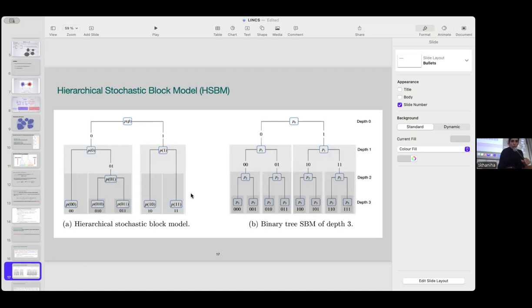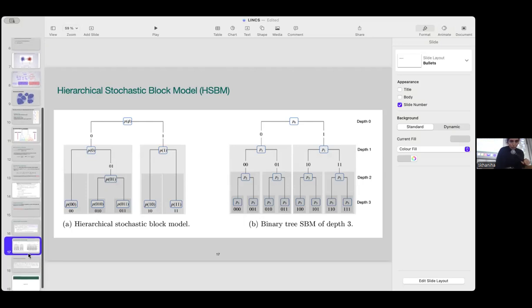We have some graph, some tree like this. The one on the right is the simplest case, a binary tree, where everything is very symmetric at each level. All the P at one level are the same. But it could be like the left one.